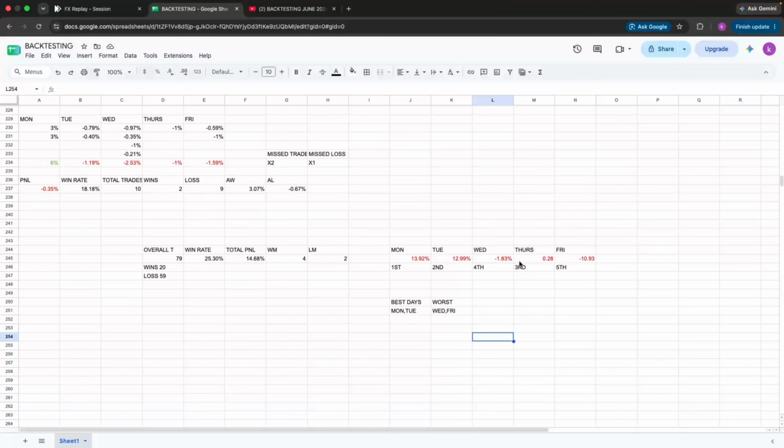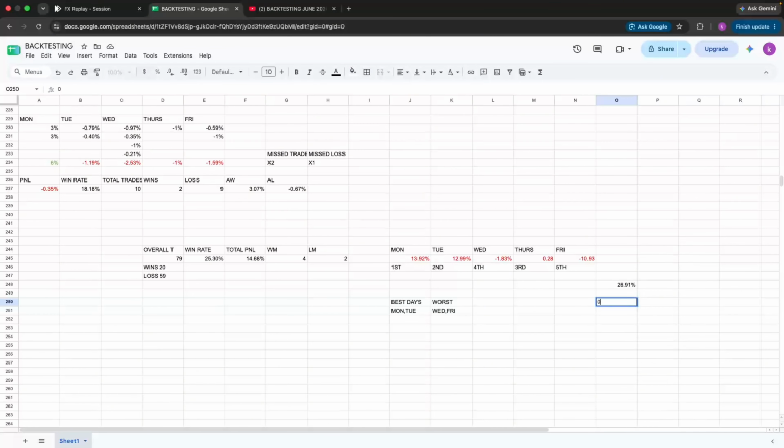Now, if I cut risk on my least profitable days, so let's say Wednesday and Friday, so we're at 26.91%. Wednesday is my least profitable day, so is Friday. So 1.83 divided by 2 is 0.91, or we can say 0.92 just for easy maths.